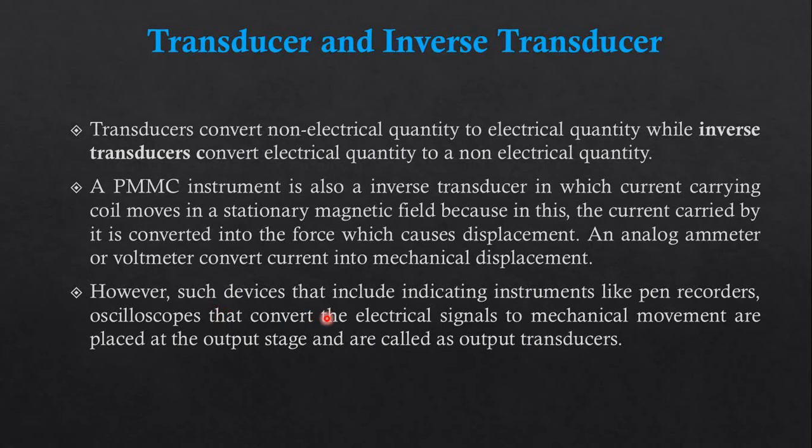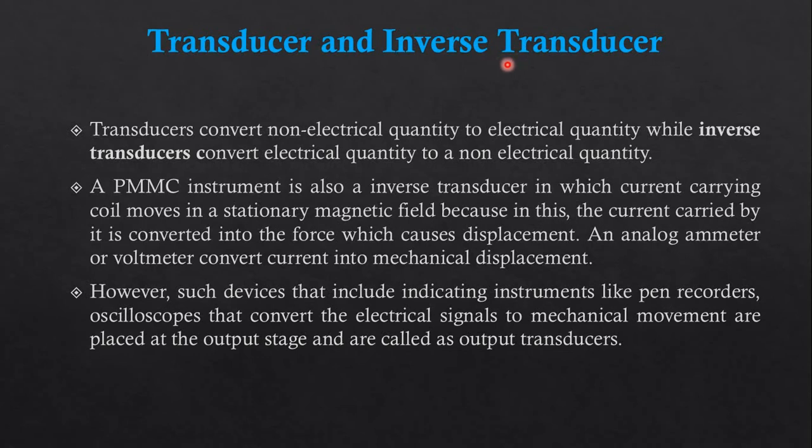However, such devices that include indicating instruments like pen recorders and oscilloscopes, that convert an electrical signal into mechanical movement, are placed at an output stage and are called output transducers. Now there are different examples of inverse transducers that follow this definition, that is, the piezoelectric crystal comes in both categories, transducer and inverse transducer.